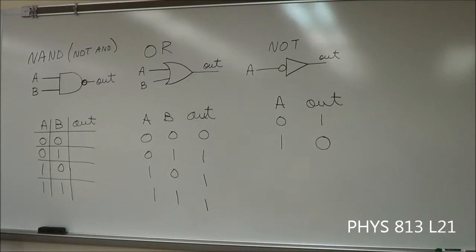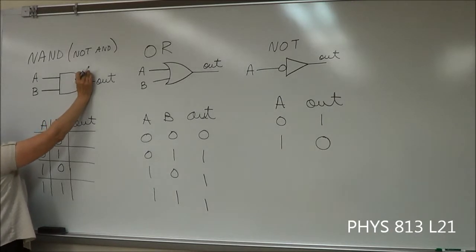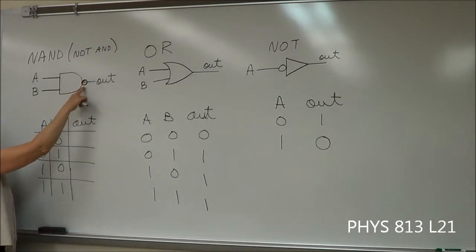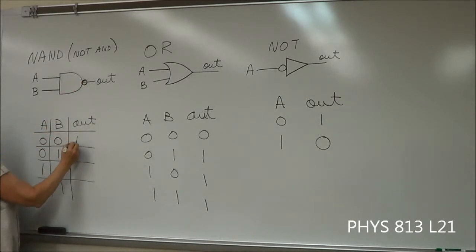Okay? So now, if you think about this, if it's not AND, what you should end up with is whatever you had here for the AND, you just put the other one there. But we might go through this. Okay, 0, 0 with the AND would be a 0, with the NOT would turn it into a 1.